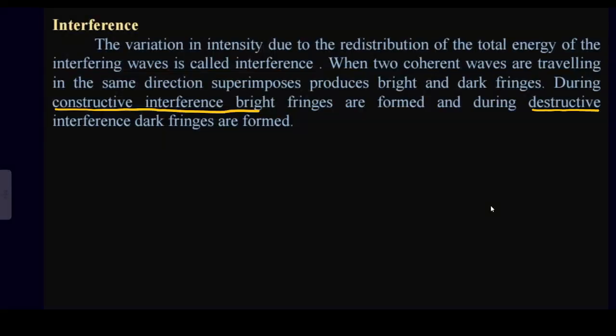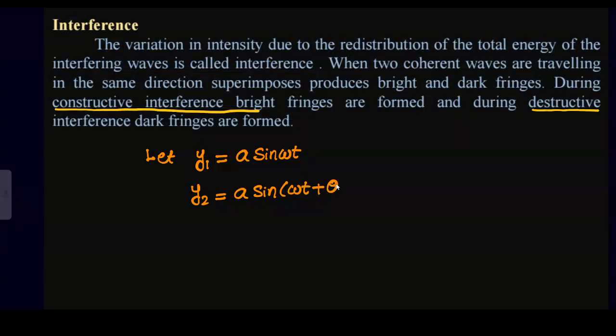So let us consider two waves. Let us say one wave is Y1, which is equal to A sine omega t, and the other is Y2, which is A sine omega t plus theta. Theta is the phase difference between the two waves.